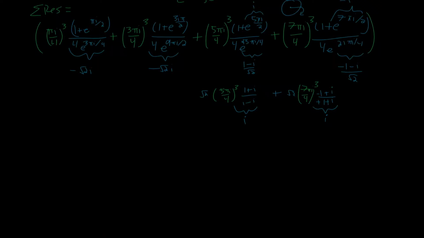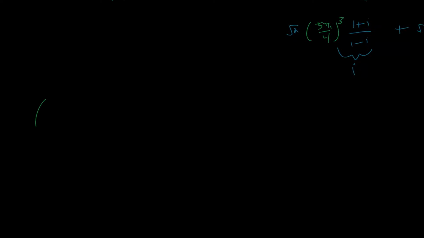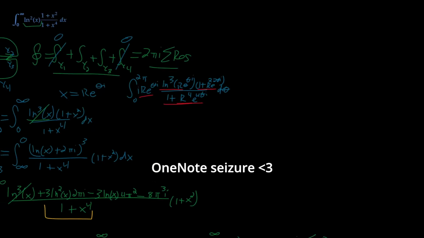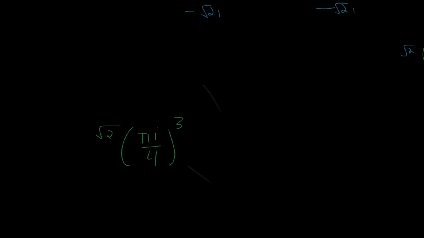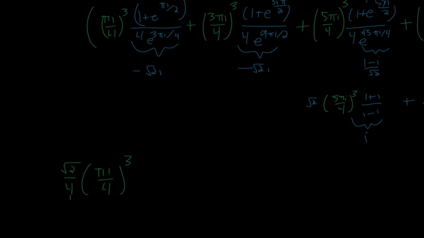First thing I'm going to do is factor out a pi i over 4 cubed, because that's a common factor in all of this. Zooming in, this is pi i over 4 to the third. But also notice that in every single one of these we had a square root of 2 over 4. Going term by term, here we just have a minus i.